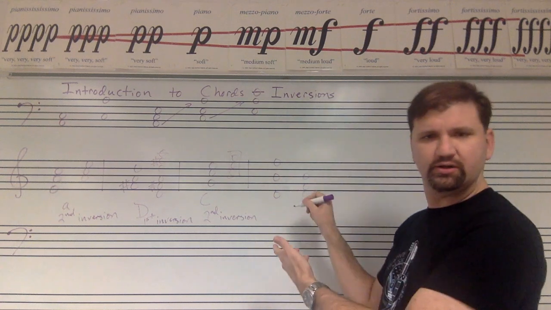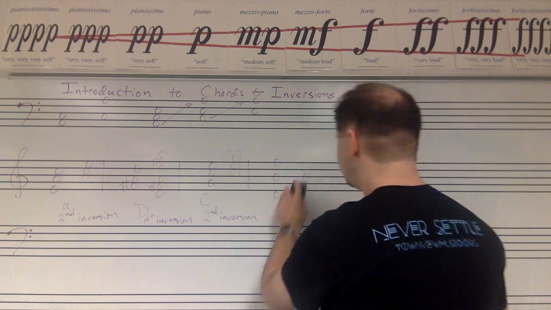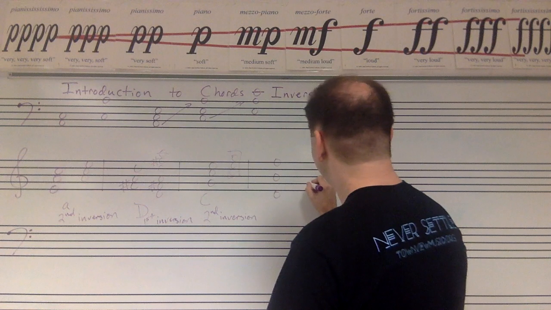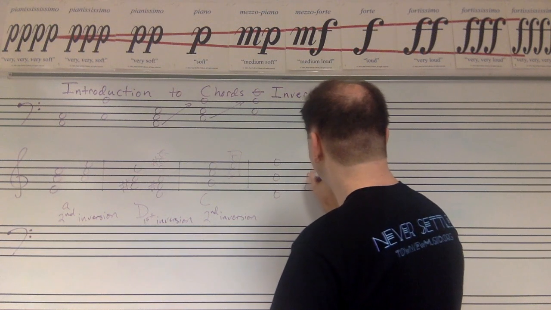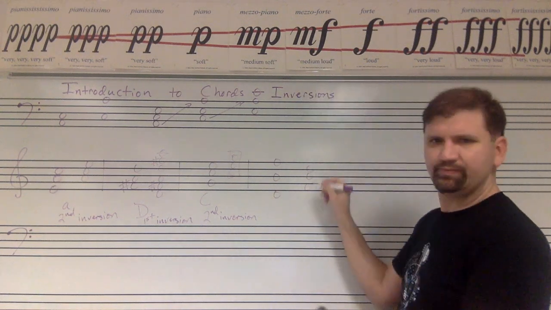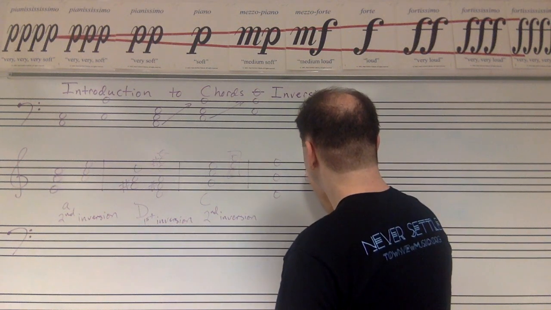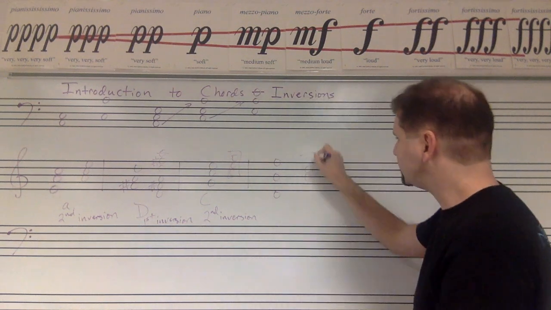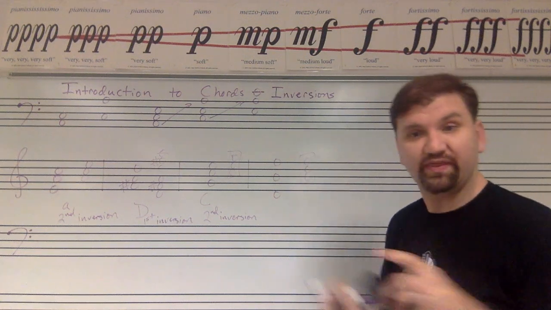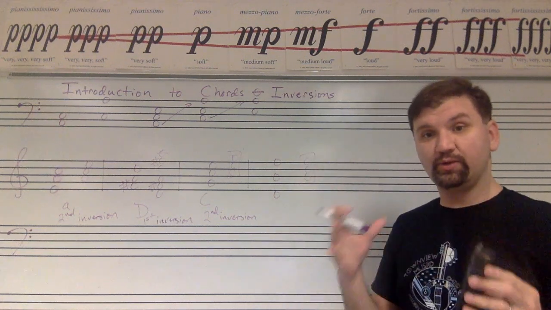Does that work? No. Okay, so D can't be the bottom. Would it be F, B, D? No, that doesn't work. Okay, so then it has to be B, D, F. There, that's the shape I'm looking for. That's what I want the chord to look like when I rearrange it.